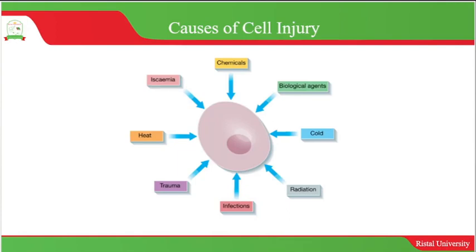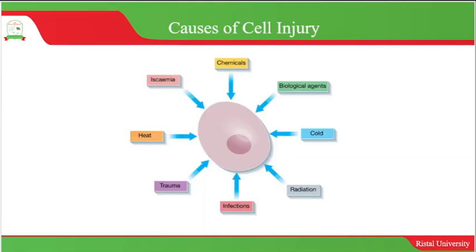So the causes of cell injuries include chemicals, biological agents, and cold or extreme temperatures, where the extreme temperatures may be either high temperatures or low temperatures. If these cells are exposed to coldness, they may be injured. If the cell is exposed to radiations, it may also be injured.